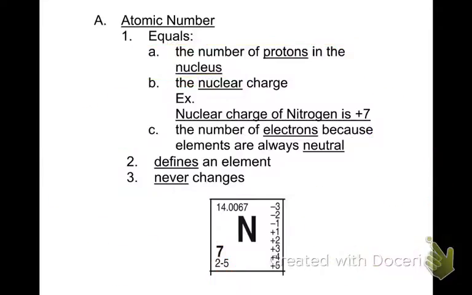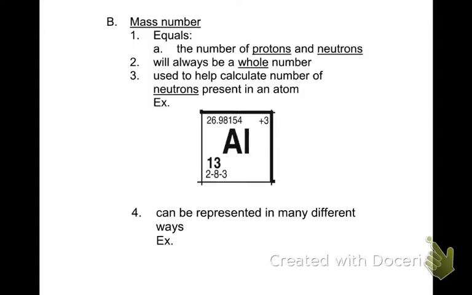Taking a look at the next number on our periodic table, that would be our mass number. Our mass number is defined as the number of protons and neutrons. So it's equal to the sum of the protons plus the neutrons.